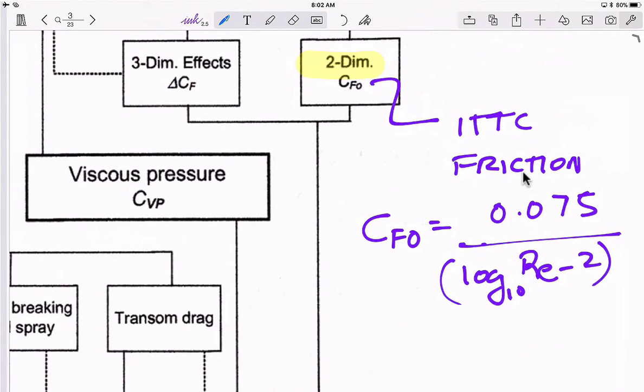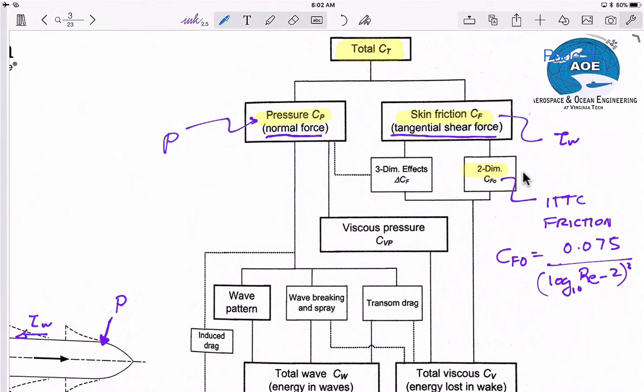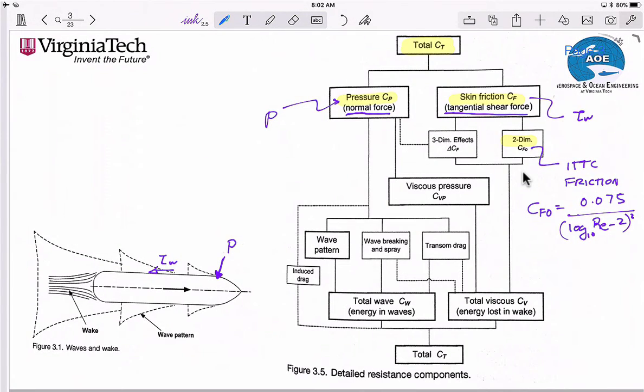That empirical correlation came from years of testing flat plates in towing tanks around the world, and now it's a pretty well accepted standard.